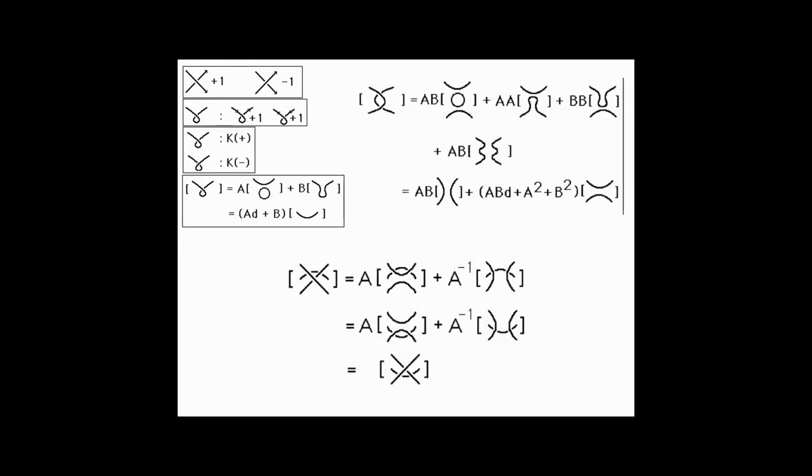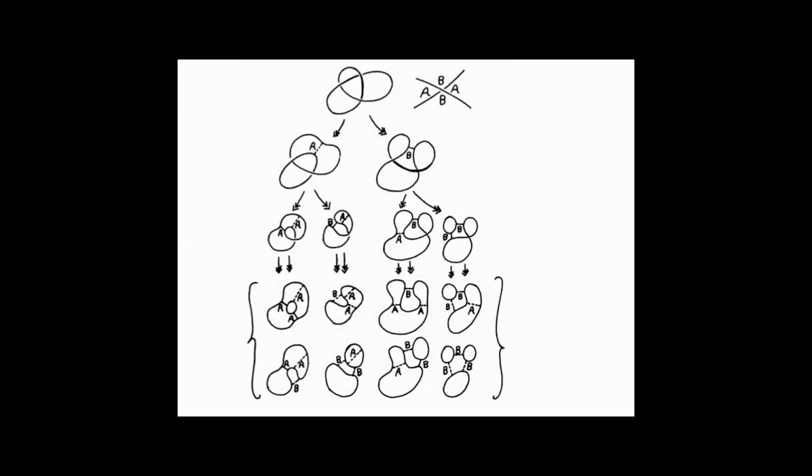And a plus curl turns out to get an AD plus B when you do the calculation, and that turns into a minus A cubed. And a minus curl gives you a minus A to the minus 3. So those are the details of the invariants. Simple enough. And the states in general, well, they look like this. You smooth, and eventually you get all of the different states.